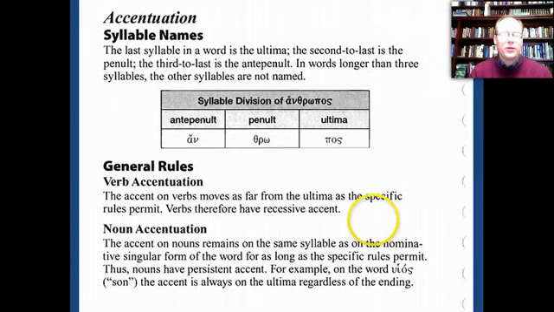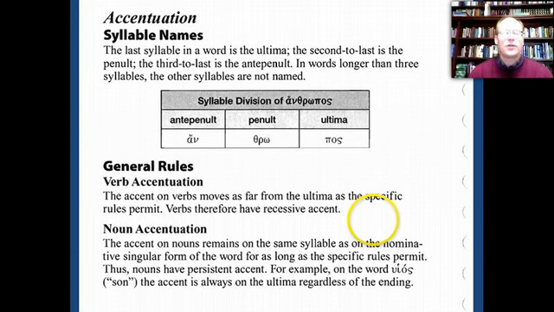When you look at a Greek word, it can be divided up into syllables. And the last 3 syllables of any word are named so that we can talk about where to place accents. The last syllable in a word is the ultima, the second to last is the penult, and the third to last is the antepenult.